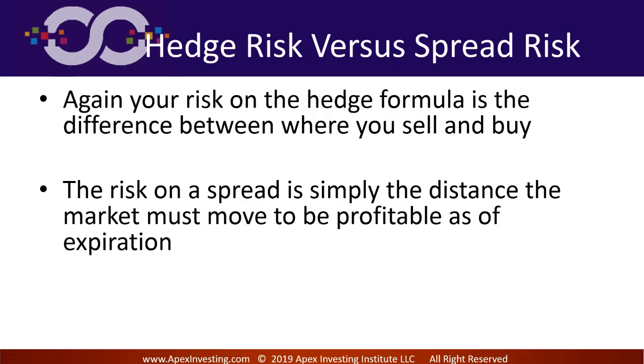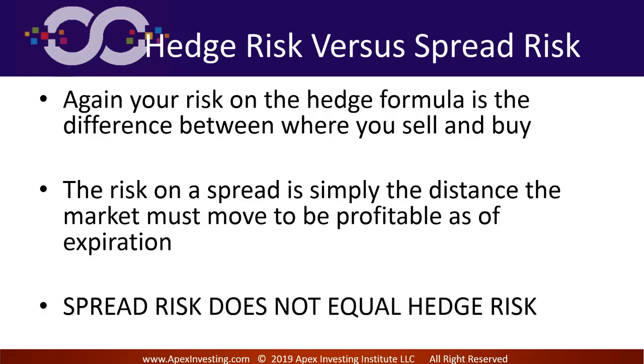Your risk is the difference between where you sell the spread and buy whatever else it is you're using, like the underlying or touch bracket or FX contract or master spread, or vice versa, okay? And spread risk does not equal hedge risk. So understand, spread risk is your proximity. Your hedge risk is the difference between where you're selling the underlying or whatever and buying the spread, or buying the underlying and selling the spread.